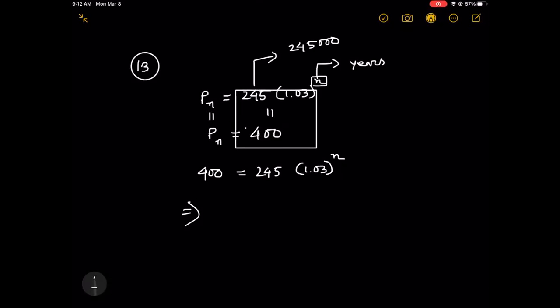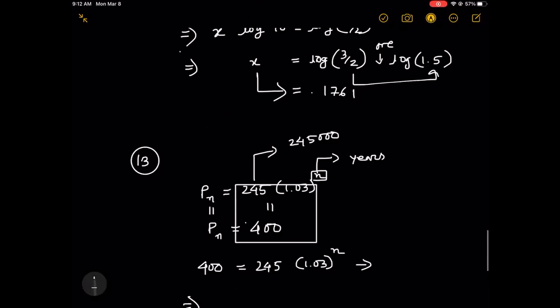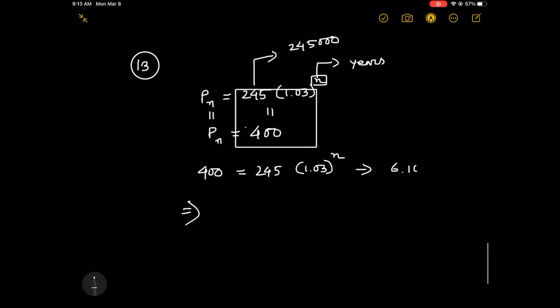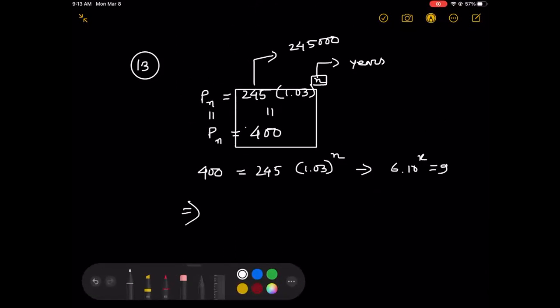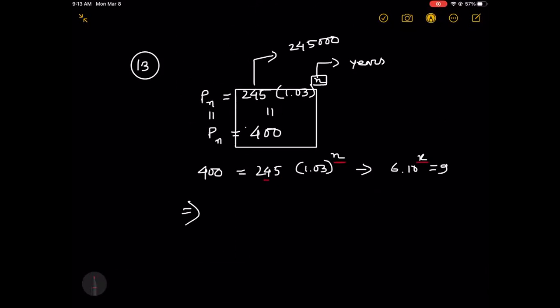Isn't it exactly the mirror image of the problem we had last time, 6 times 10 to the x equals 9? Can you see the similarities, the resemblance of the same problem? So n is x, 245 looks like this, this is our base.